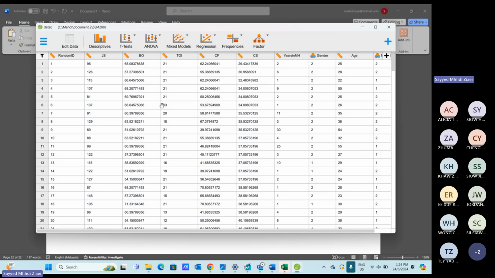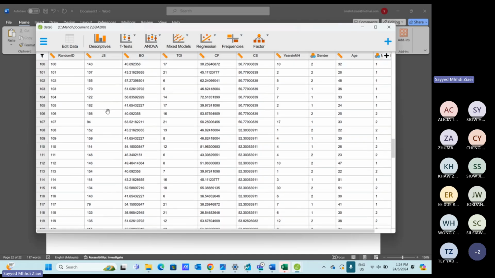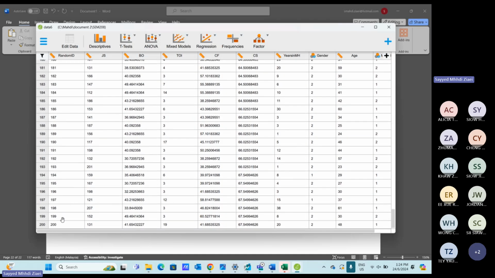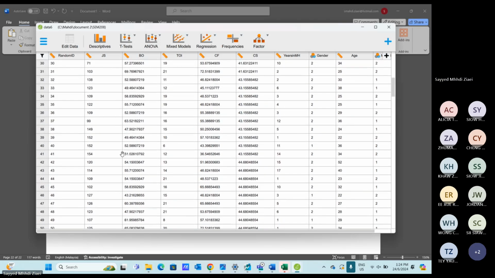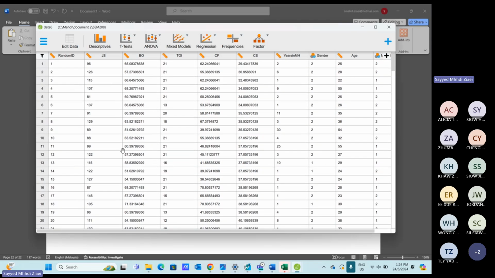Of course, we have other variables, but I want to use just these important variables. And how many observations do we have? We have 200. So this data is based on the 200 respondent answers.